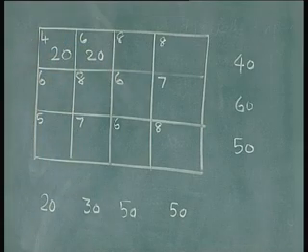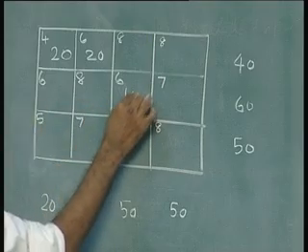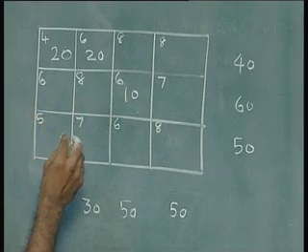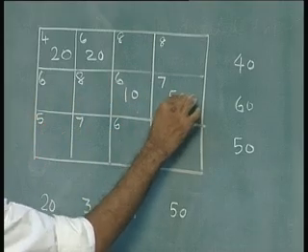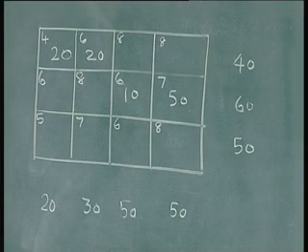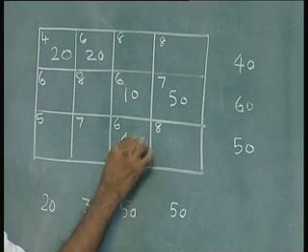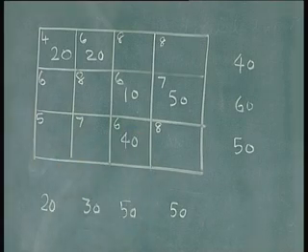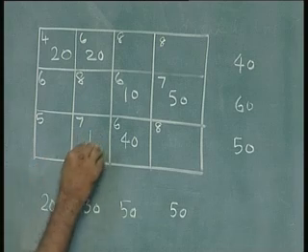Now theta being 40, 50 minus 40 is 10, 10 plus theta will make it 50, this will become 0 and this will become 40, and this will remain as 10.